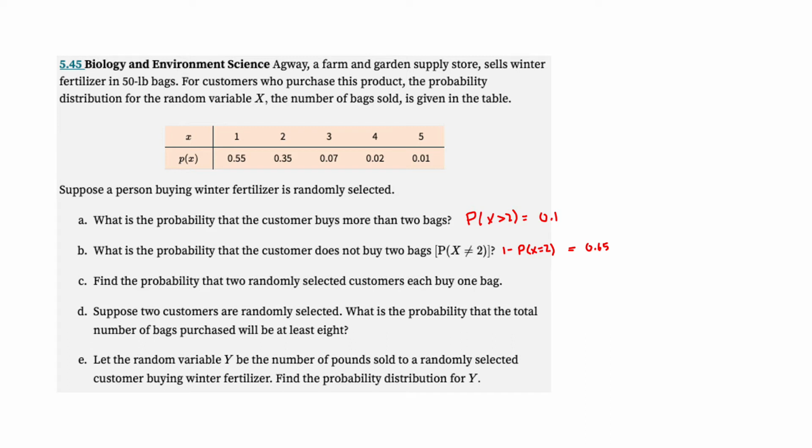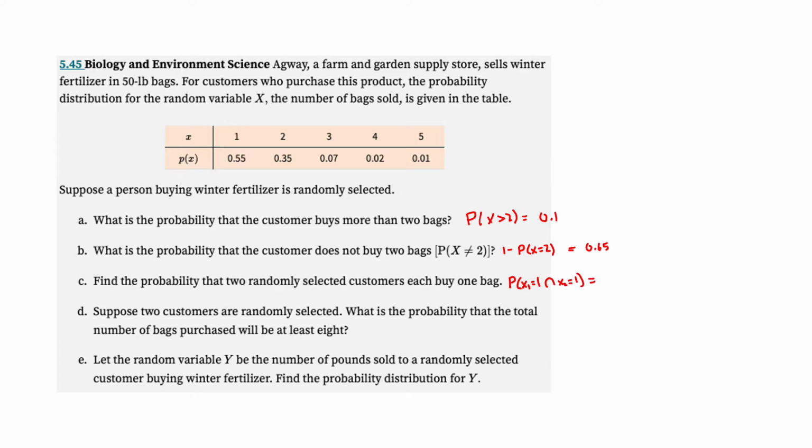C, find the probability that 2 randomly selected customers each buy 1 bag. This is where our probability equations are going to come back in handy. So we need the probability that x1 equals 1 and x2 equals 1.